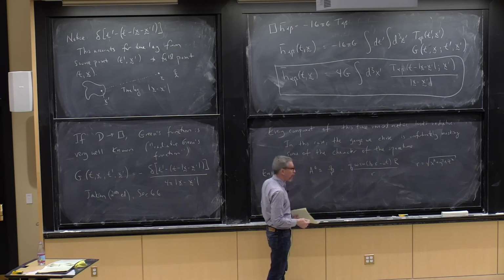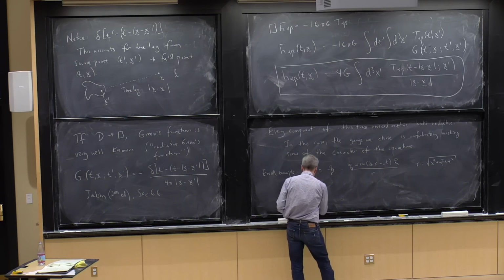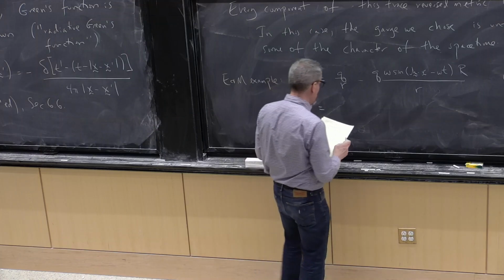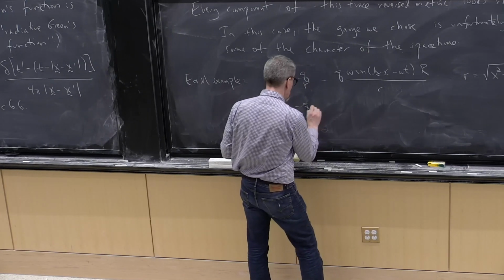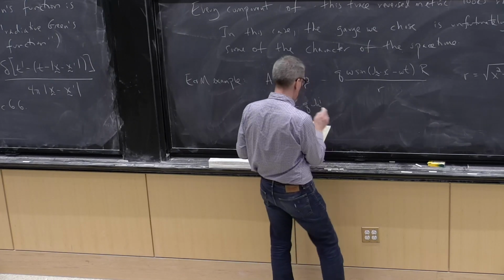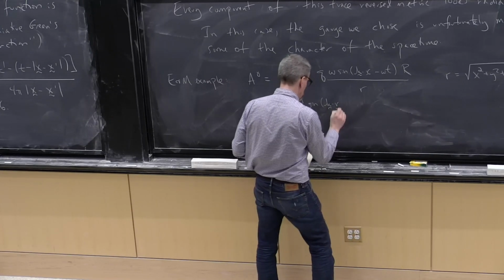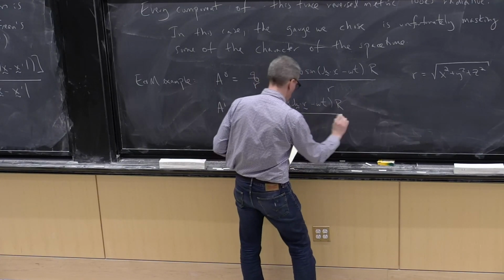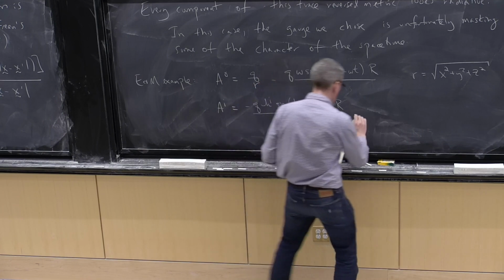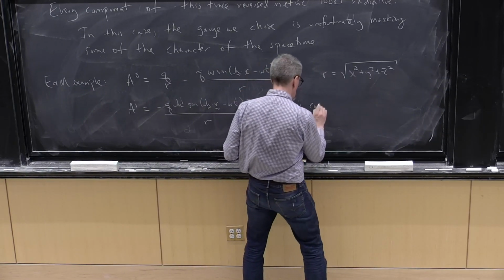And capital R is some parameter with the dimensions of length. And my three spatial components of this thing, I'm going to write them as kqi sine k dot r minus omega t capital R over r minus qxi.